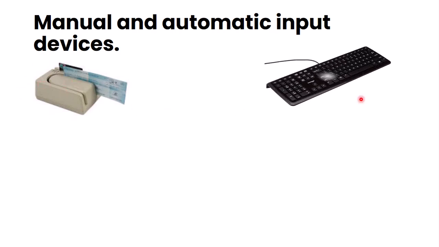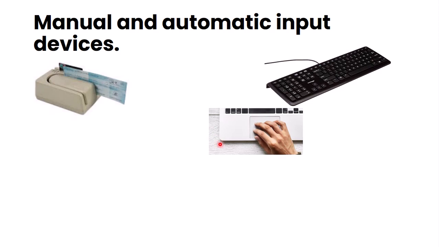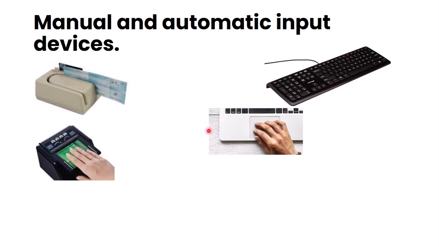So what do you think this is? Is it manual or automatic? Yes, this is automatic. Look at this. Is it manual or automatic? This is manual. What of this? This is also manual. What of this?